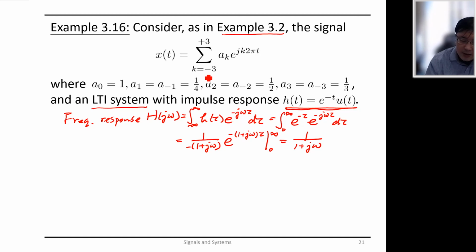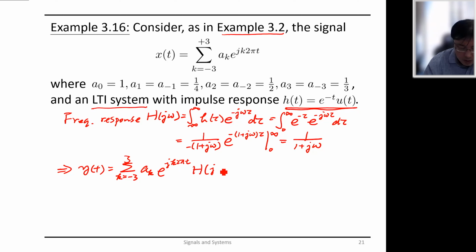So we know that if the input is this linear combination of complex exponentials, then the output y of t must be a linear combination of the same complex exponentials, times the gain H of j 2 pi k.